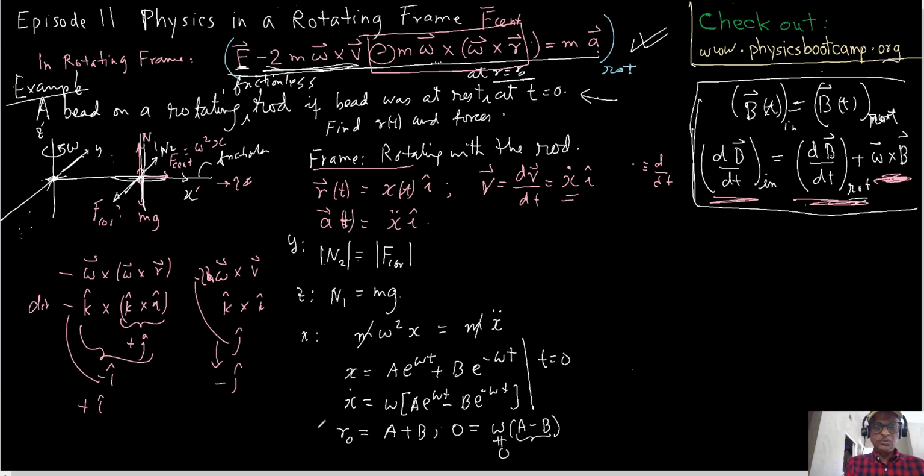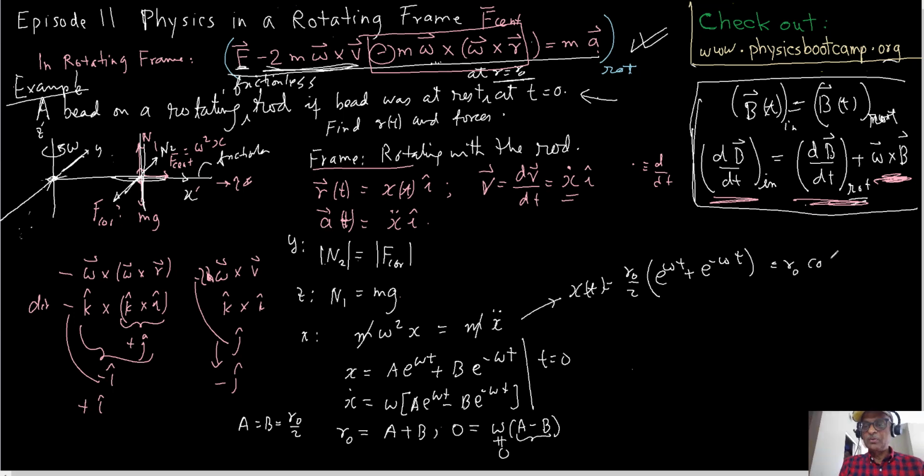Then a equals b, and so a equals b equals r0 over 2. So this gives us x at any time as r0 over 2 times e to the power of omega t plus e to the minus omega t. It's basically r0 cosine hyperbolic omega t.